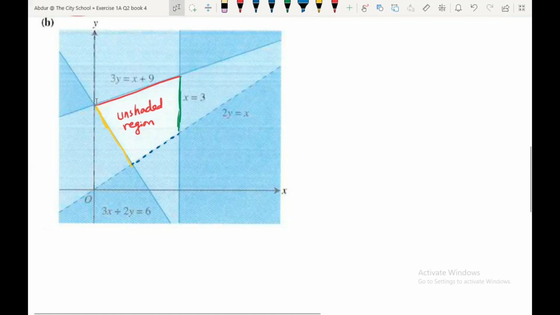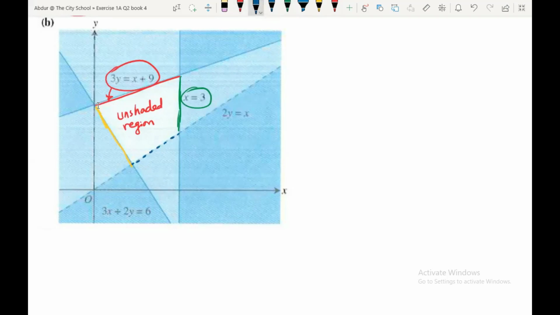You should know the equation of all the lines. 3y equals x plus 9 is the equation of this red line. x equal to 3 is the equation of the green line. And 2y equal to x is the equation of the blue line.